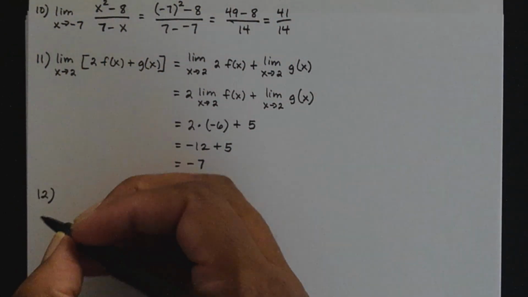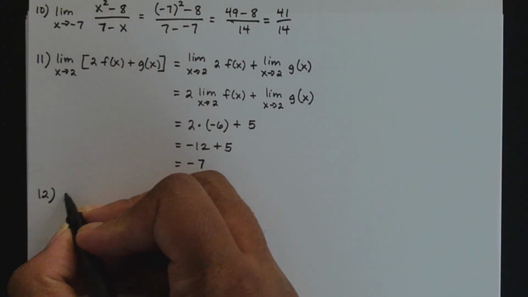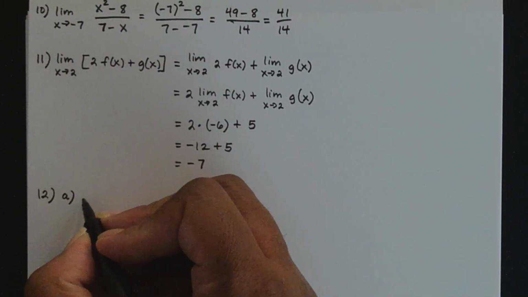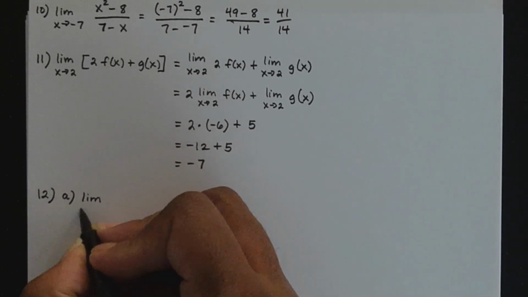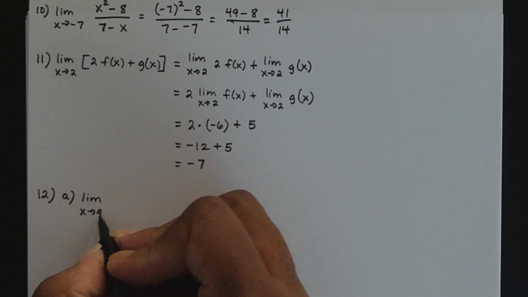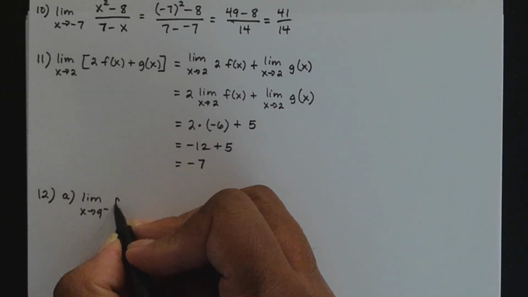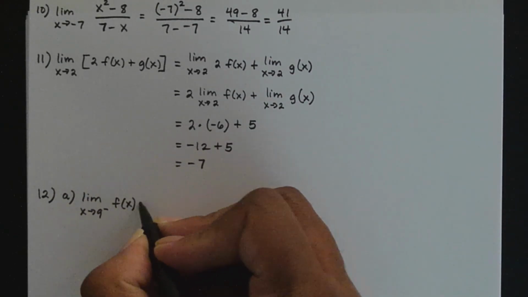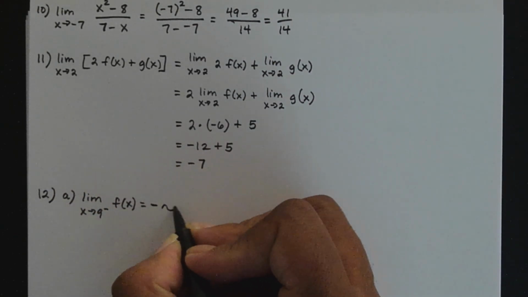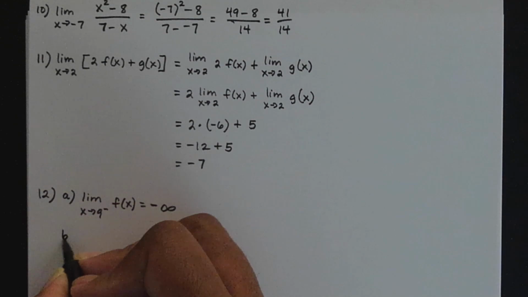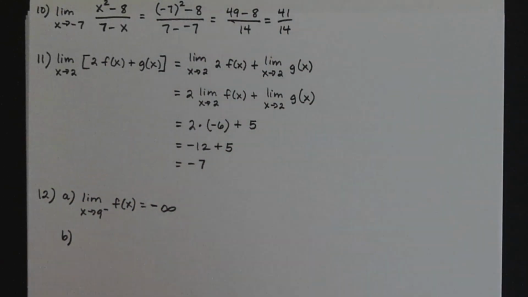Negative infinity. Okay. So I know one thing. The limit as x approaches 9 from the left of the function f of x, that's negative infinity. All right, so that's part A.